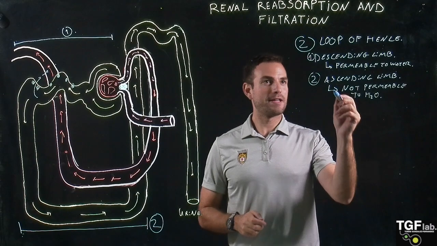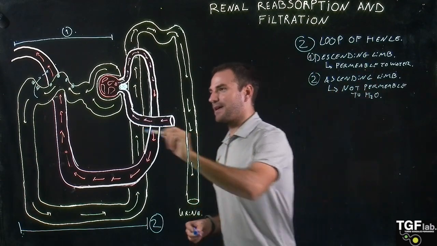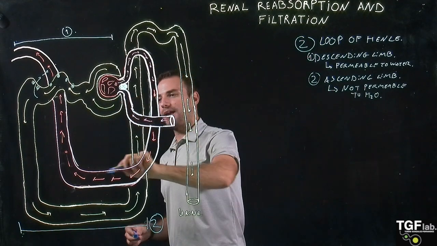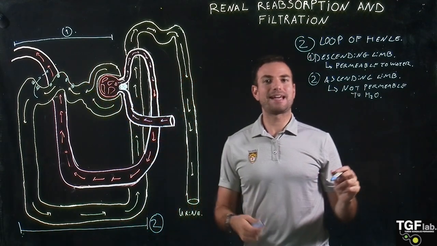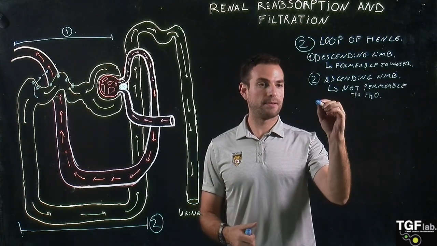Okay, so this descending limb and ascending limb together with the blood capillary here form this system that is called the countercurrent system or countercurrent multiplication system.